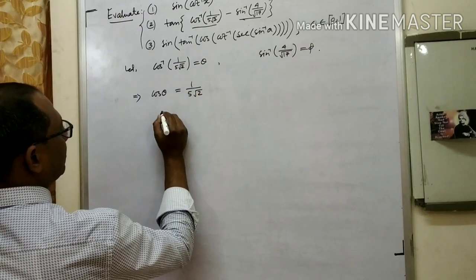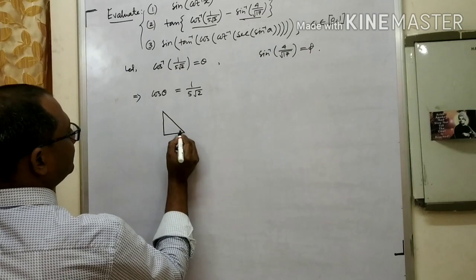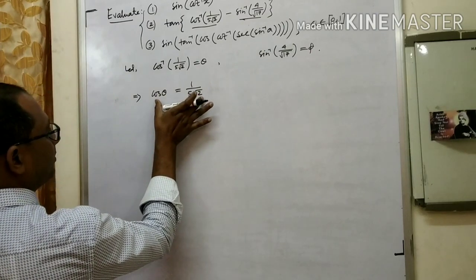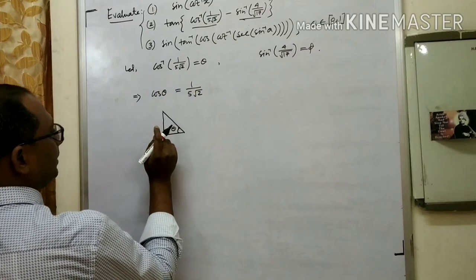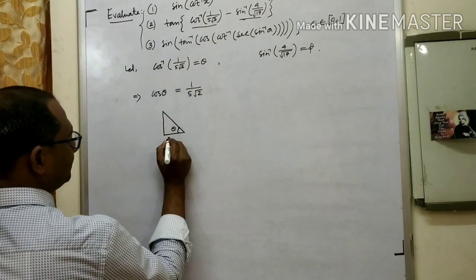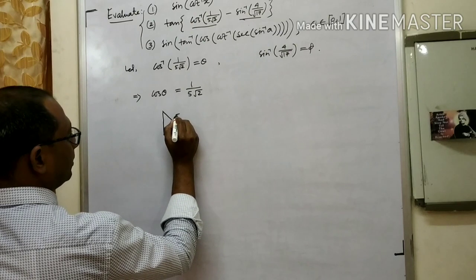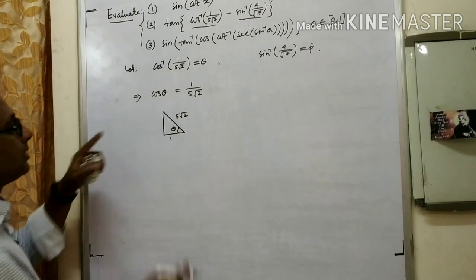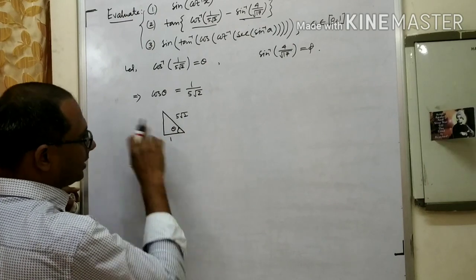So again we'll take one right angle triangle. Cos theta equal to 1 by 5 root 2 means base by hypotenuse. So how do I get the third side? Square the hypotenuse minus the square of the base, then square root.